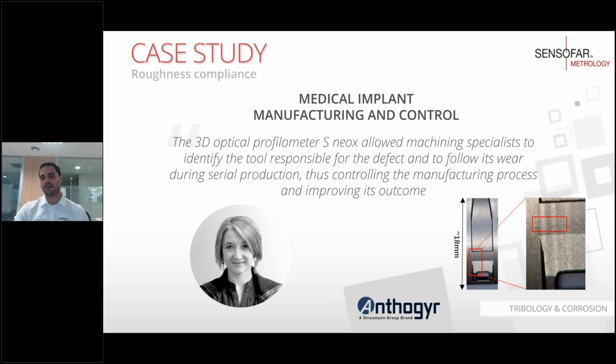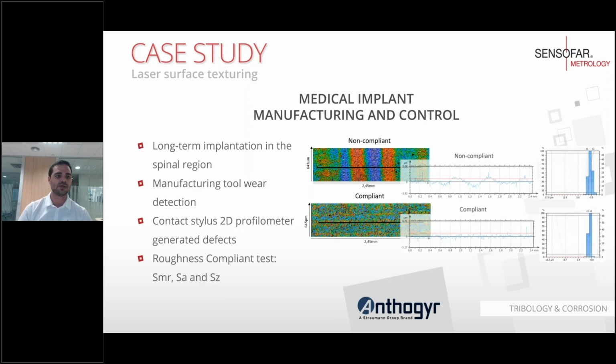What they required is to analyze the different roughness parameters, for example, the Sa and the Sz, but the one that was important for the compliance or non-compliance test was the Smr. The Smr is a parameter that puts a threshold in your profile and calculates the percentage of material that is above this threshold, and it's represented in this curve.